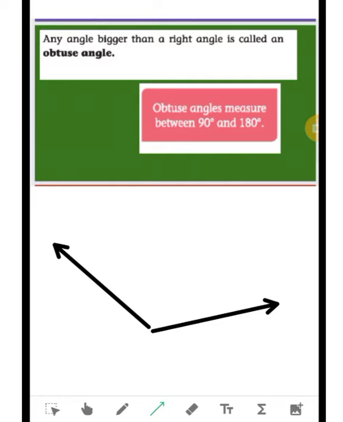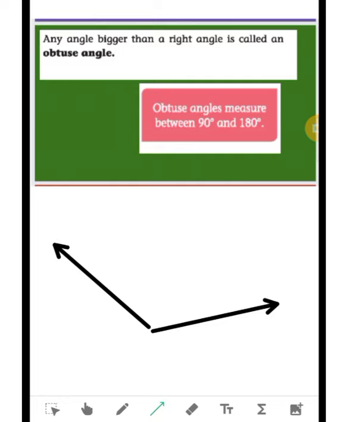So already I said if it is 90 degree, it looks like an L shape, a horizontal and vertical line. It looks straight. When you see this angle, it looks like more than a right angle. So it is called an obtuse angle.